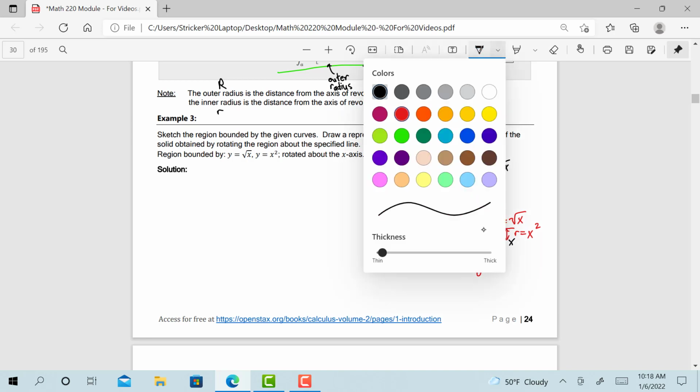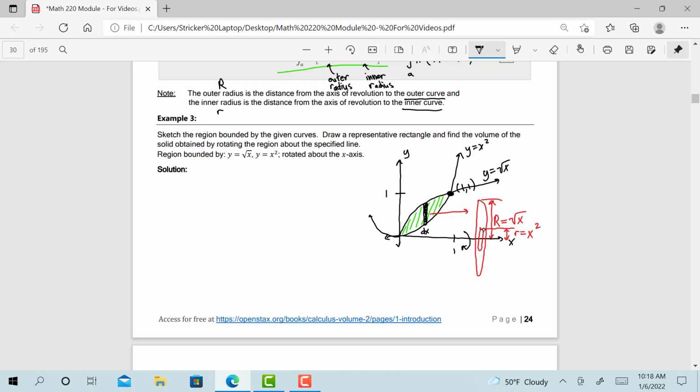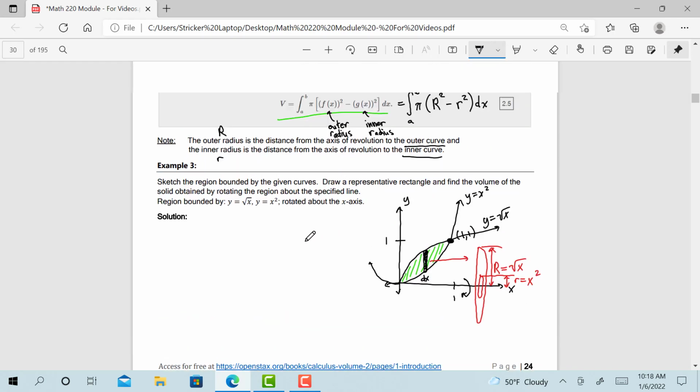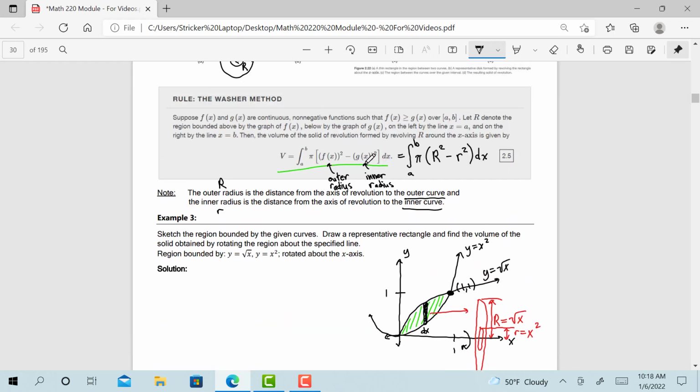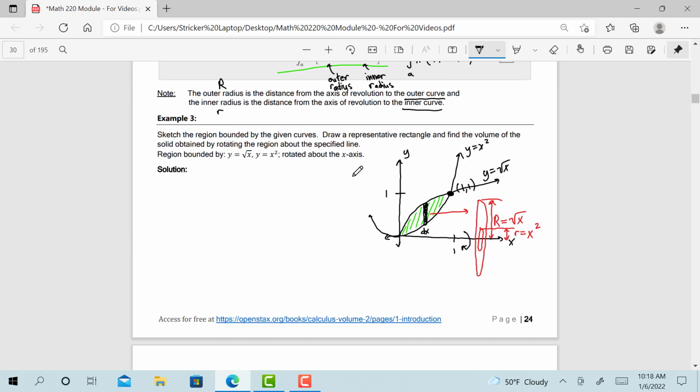And so, using the washer method, just like we talked about up above, remember, the volume is equal to the integral from a to b of pi times the big radius squared minus the little radius squared, or the outer radius squared minus the inner radius squared dx.